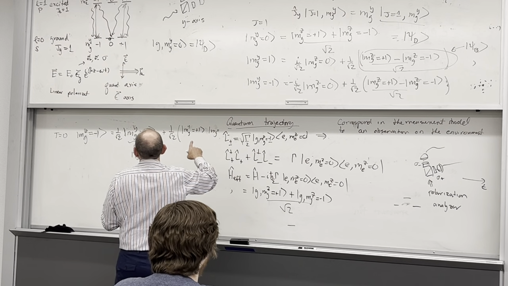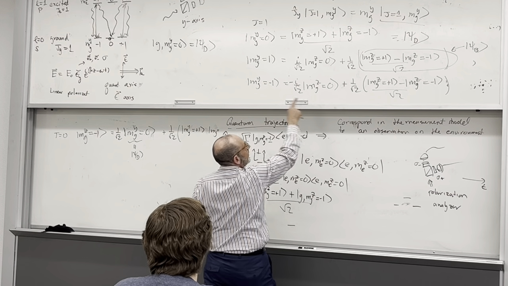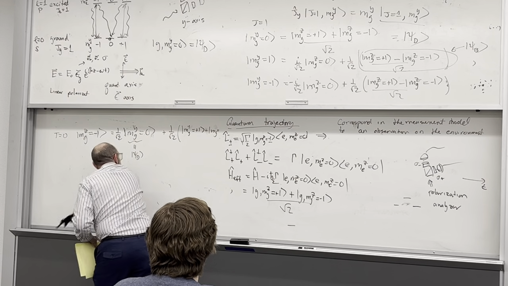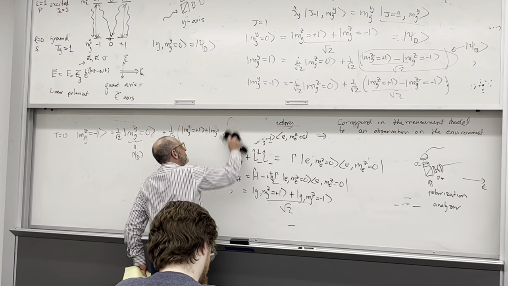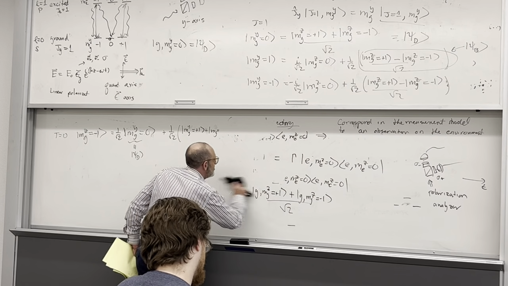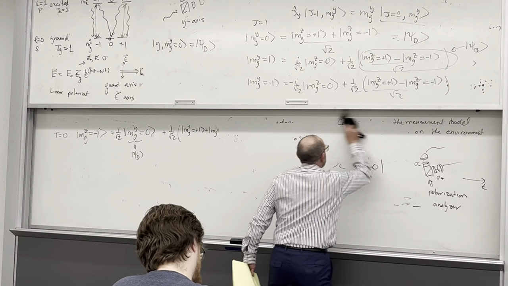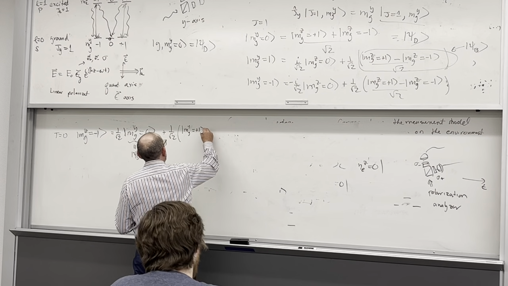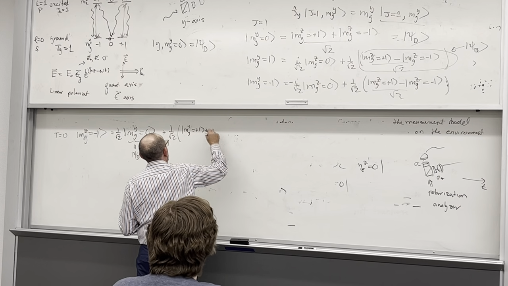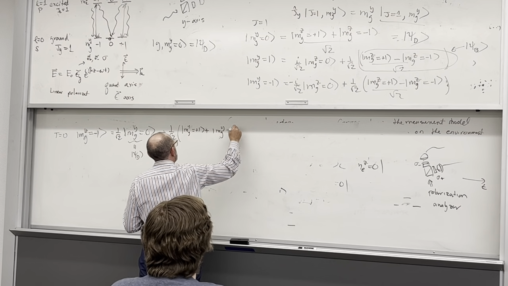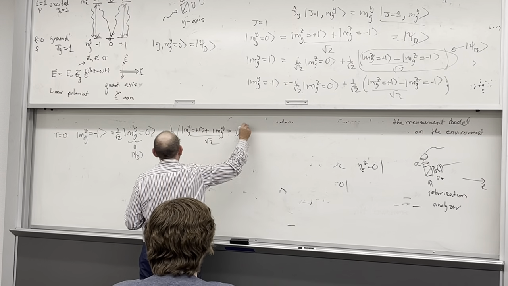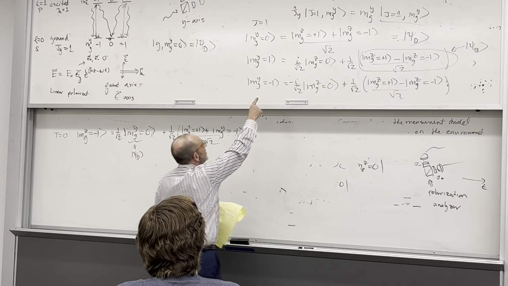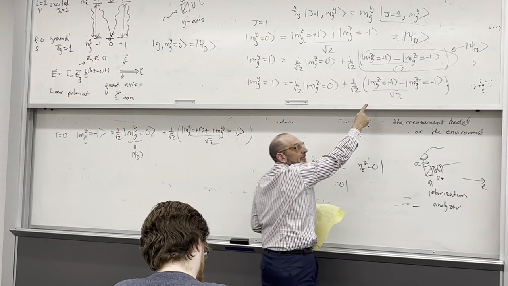Yeah. This guy, if I add these two together, I get the bright state, which is what I want. Let me get rid of this. This state is a superposition of this. I believe this is correct. Let's check. So this guy is the dark state, and if I look at the superposition of this plus this, I get the bright state.